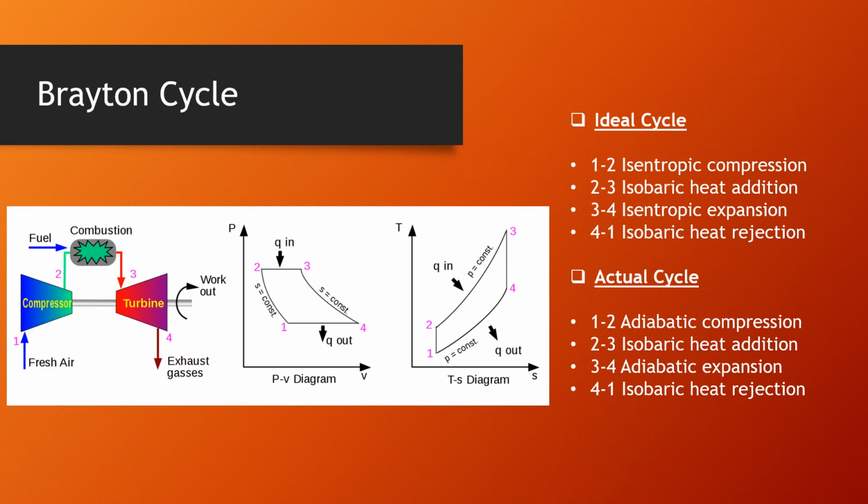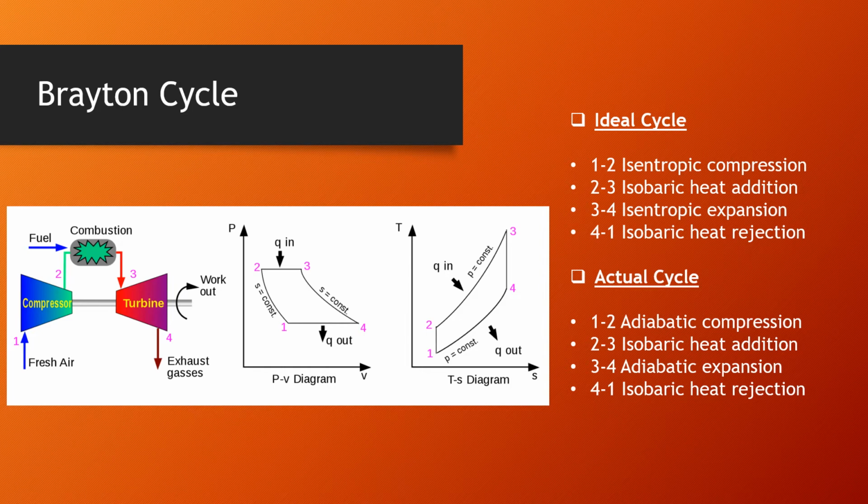Let's talk about Brayton cycle operation. You could see on the picture that we have an open feed Brayton cycle and its working diagrams on a pressure versus volume and a temperature versus entropy plot.